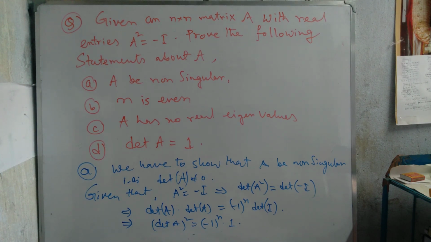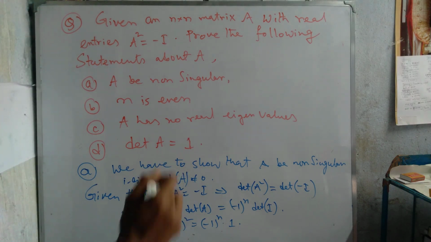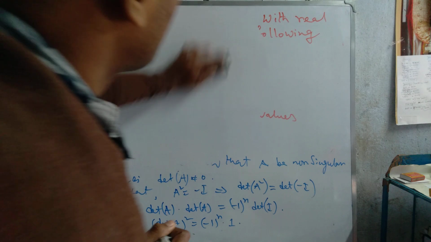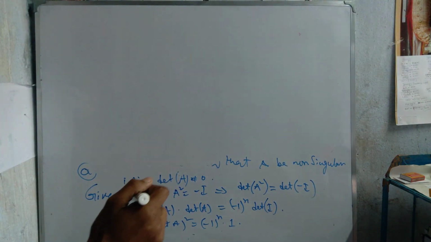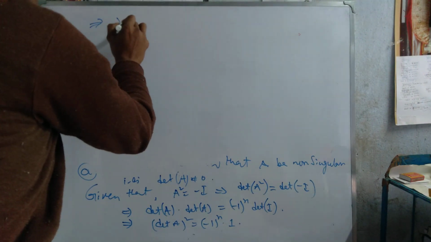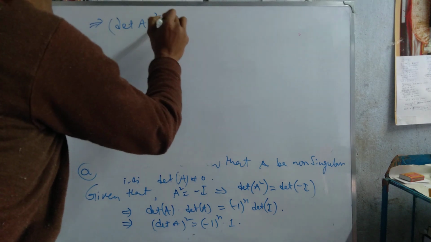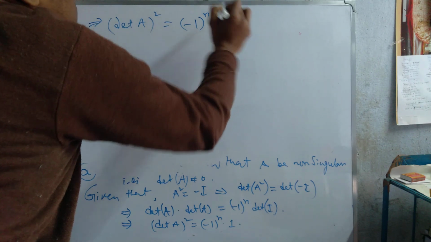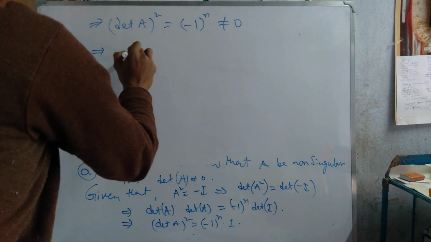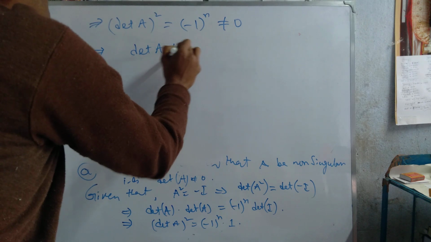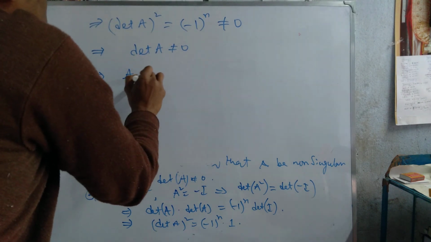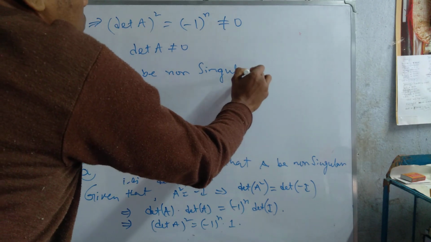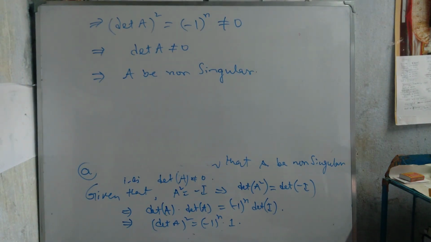So det A whole square equal to minus 1 whole to the power n, obviously not equal to 0. This implies that det A not equal to 0, so A is non-singular. Not a problem at all. We have done the proof of the first question.